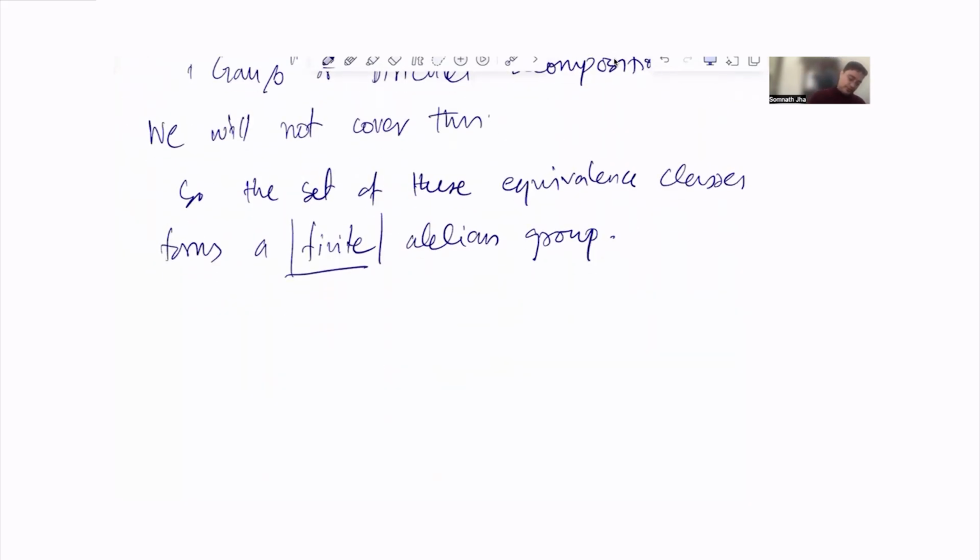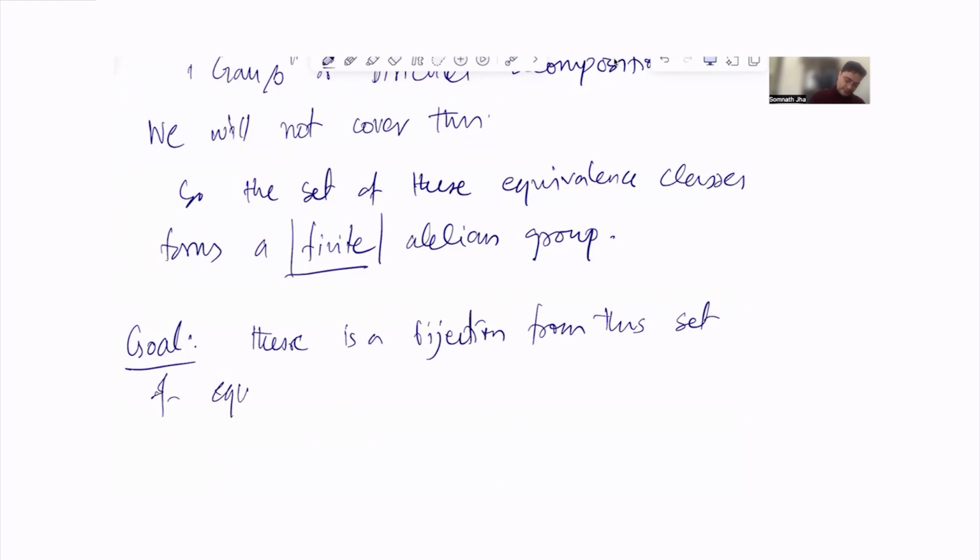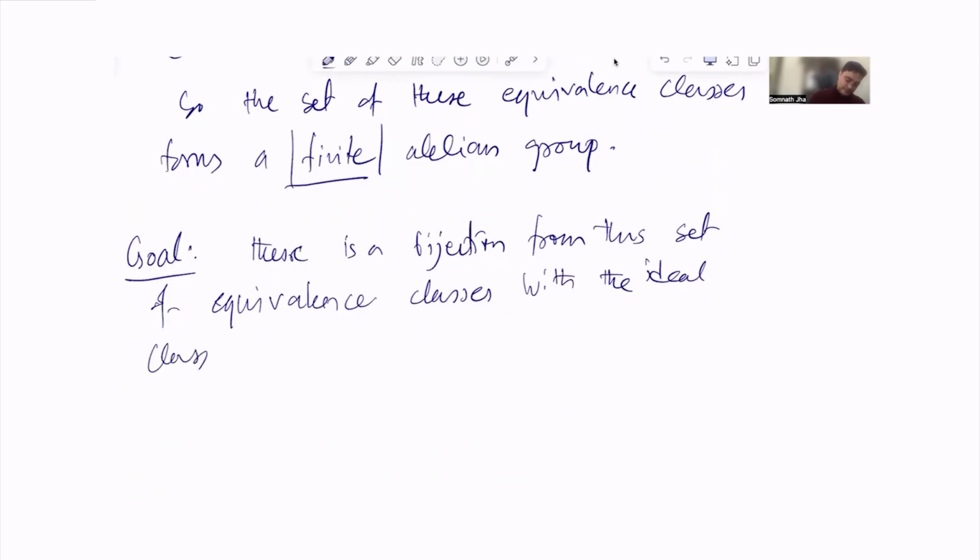So the goal is to show there is a bijection from this set of equivalence classes to the ideal class group of Q root delta.